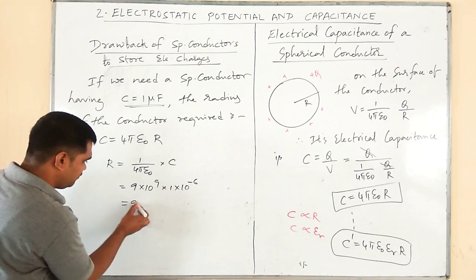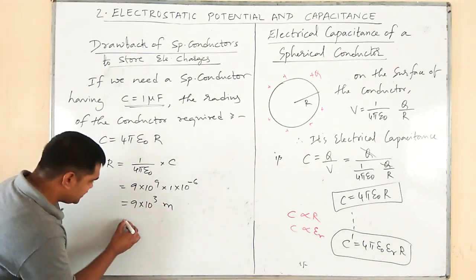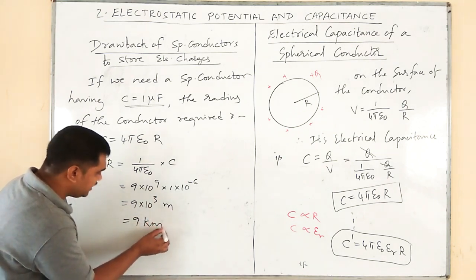On cancellation, you get 9 into 10 power 3 meter, which is nothing but 9 kilometer.